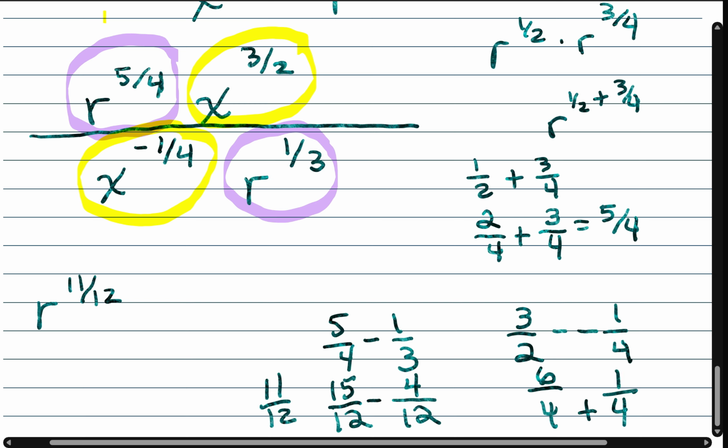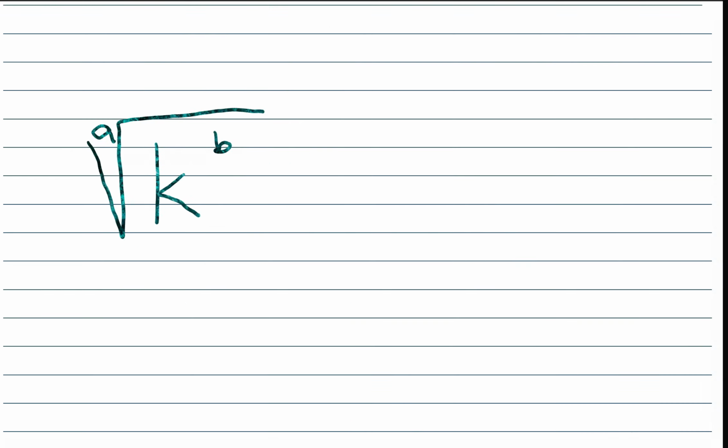So we have 6/4 plus 1/4, so that makes 7/4. So that's going to make it x to the 7/4 power.